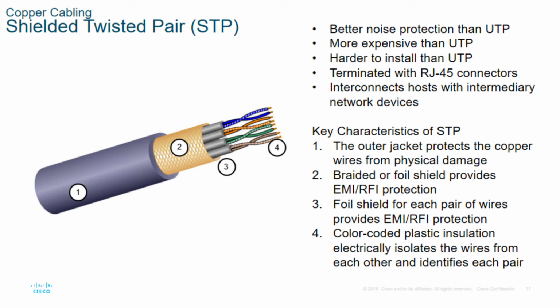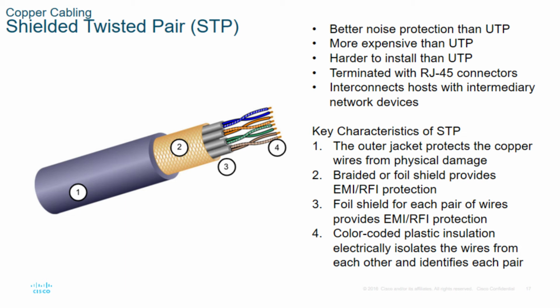So STP cables are terminated with a special shielded STP data connector. If the cable is improperly grounded, the shield may act as an antenna and pick up unwanted signals.